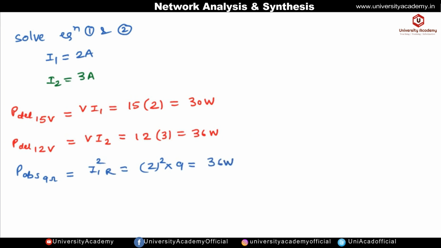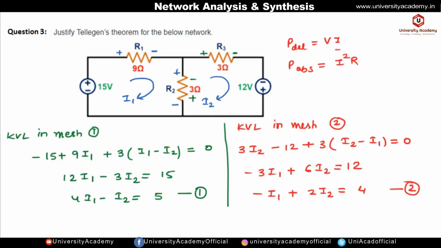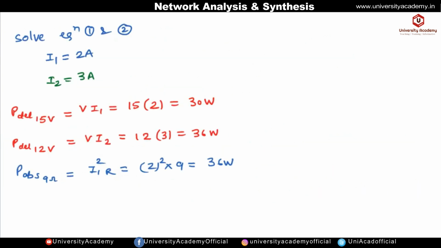Next, the power absorbed by this 3 ohm, let us consider R3. Power absorbed by R3 is given by I2 square into R3. I2 value is 3 squared into 3, so it will be equal to 27 watt.